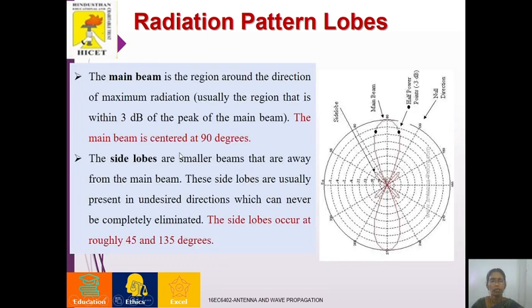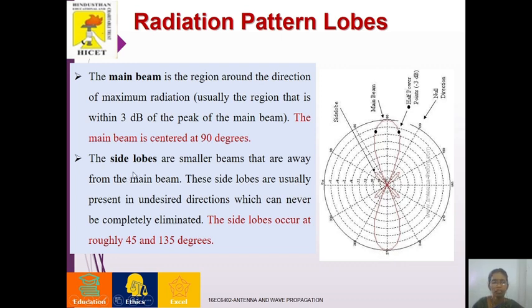So major lobe is the region around the direction of maximum radiation, which is usually the region that is within the 3 dB of the peak of the main lobe. The main beam is centered at 90 degrees in this diagram. So the direction of maximum radiation is 90 degrees here and 270 degrees down.